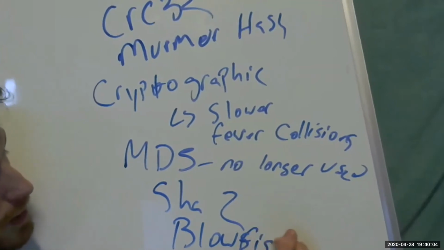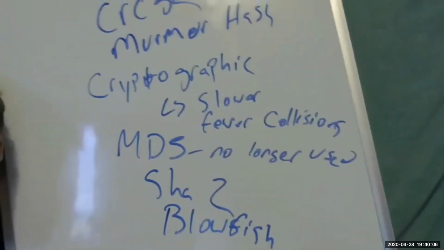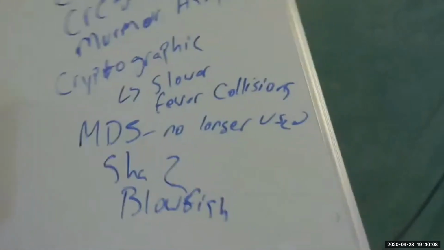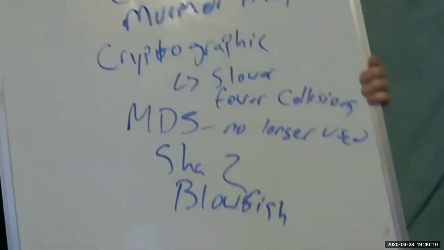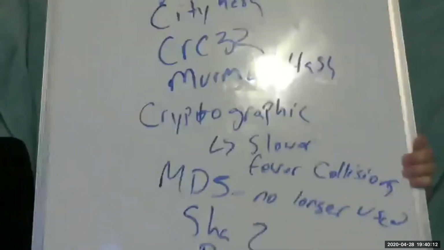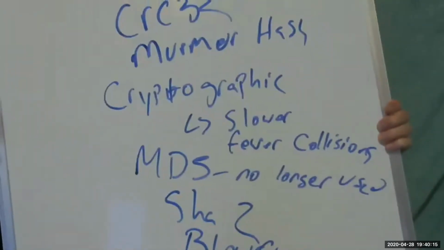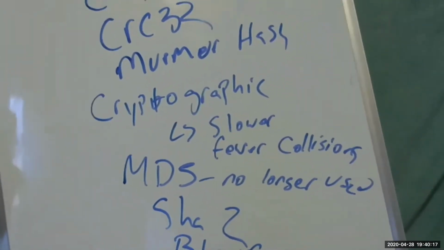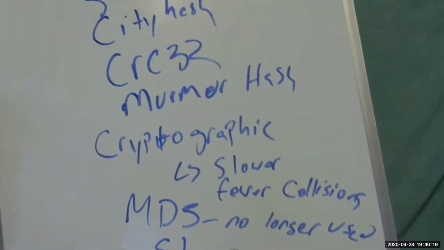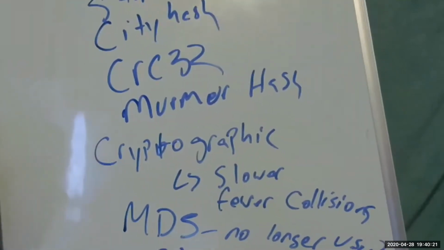People are always working to try to crack and solve these. Once they have, some of them are no longer used because they've been cracked, and we have to make a more secure hashing function. So cryptographic hashing functions are a bit slower, but they have fewer collisions.